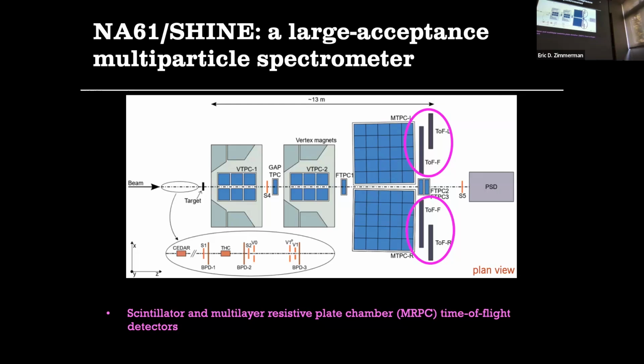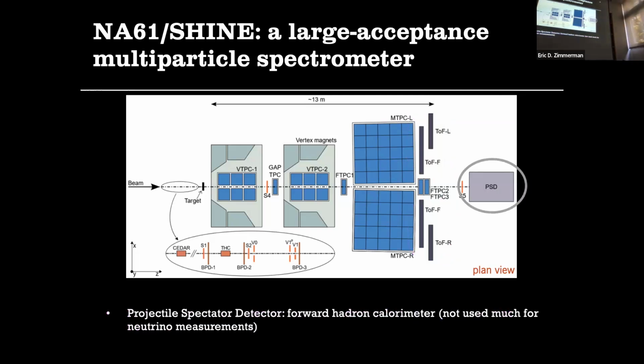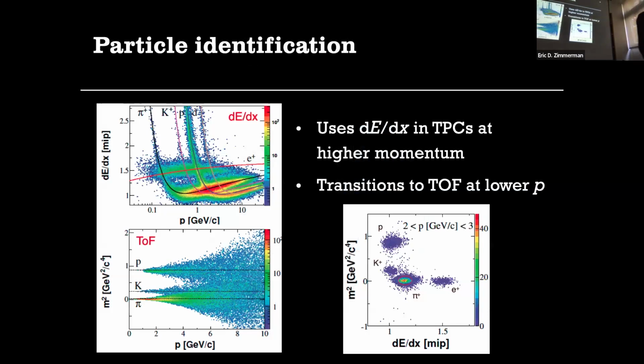They are scintillator, and more recently, some of the time of flight detectors have been replaced with a multi-layer RPC time of flight detector. And finally, what we call a projectile spectator detector, which is sort of nuclear physics jargon for a forward hadron calorimeter. Generally, this isn't used much for neutrino measurement, so I'm not going to follow up on that.